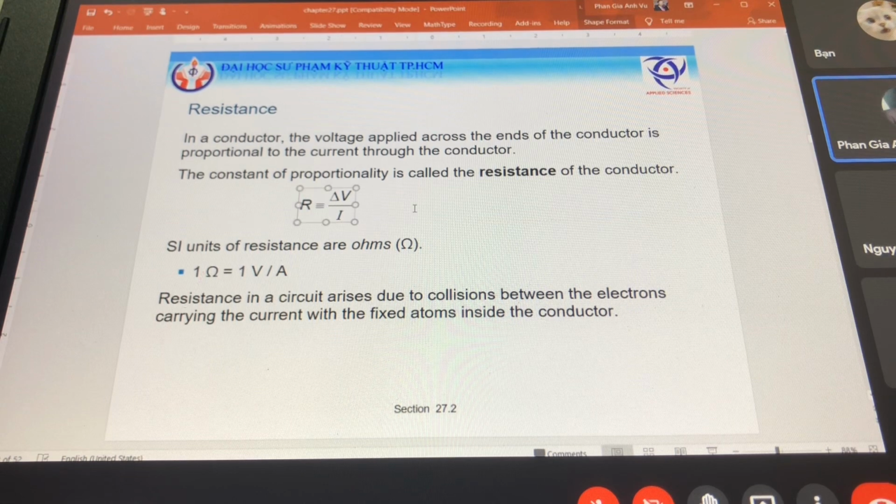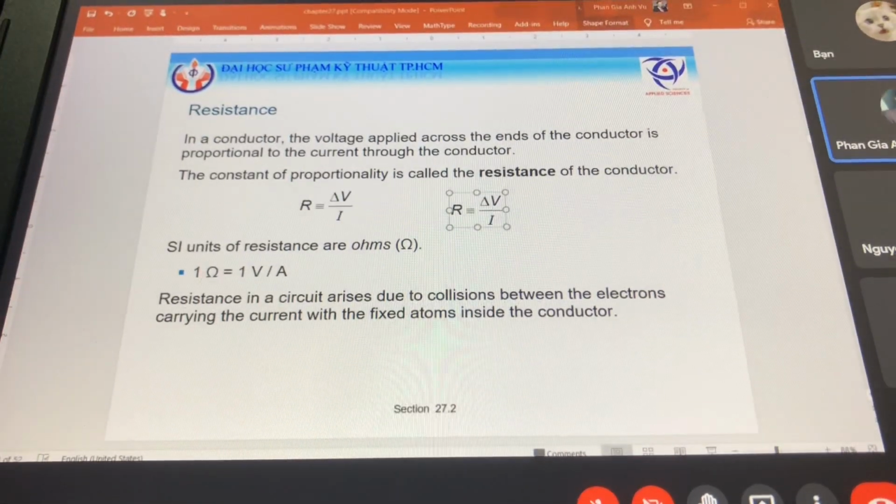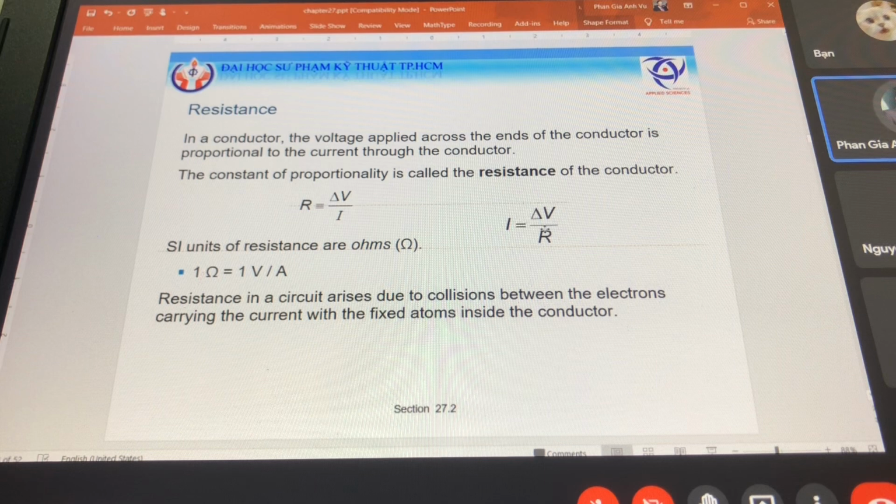You already know that. When you apply the voltage delta V on the two ends of a resistor, then the current will be I. So in another way, we can write Ohm's law like this: I, the current, equals delta V over the resistance R. This is the formula of Ohm's law.